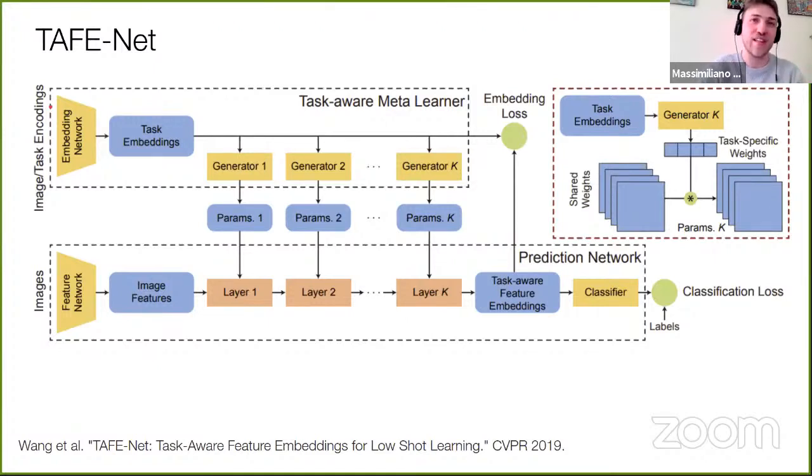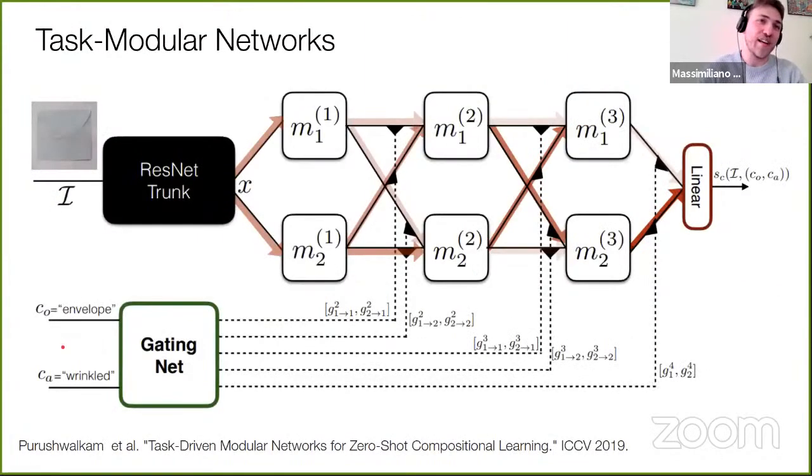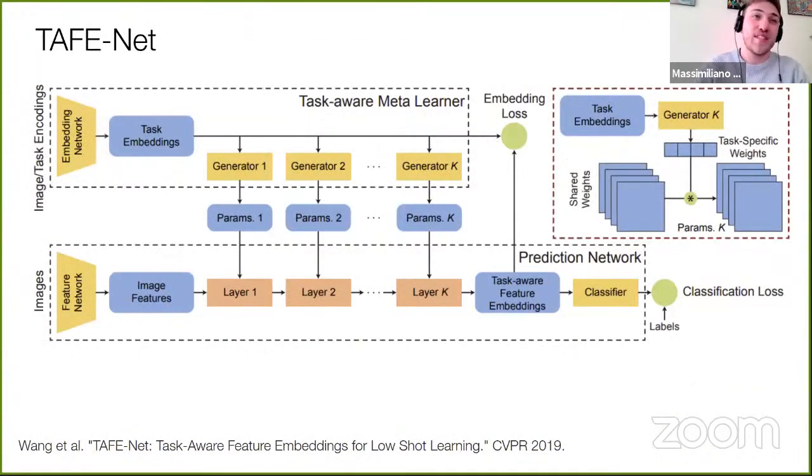Obviously, one thing that I forgot to mention is that this can be binary, but can also be word embeddings, as most of the approaches use, or classifiers of these basic concepts. What you do is use this input to generate some parameters that you apply on top of image features to get a score. The score represents the compatibility between the image and your actual task, which in this case is compositions.